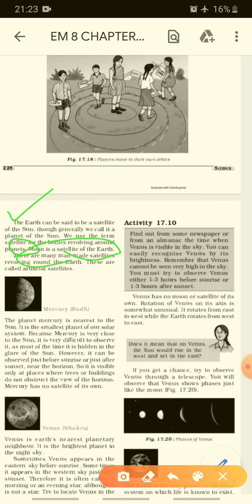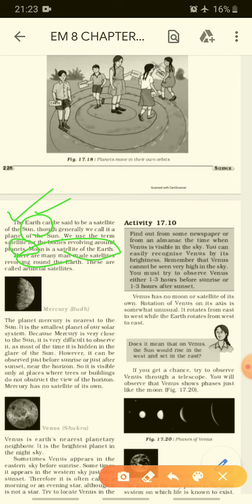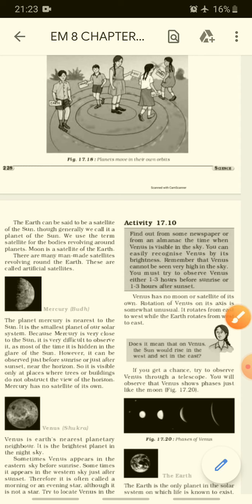Earth is said to be a satellite of the Sun. A satellite is a body which keeps on moving around another body.